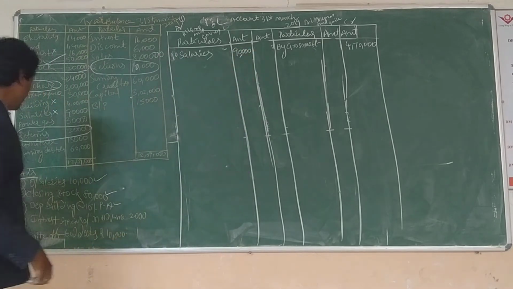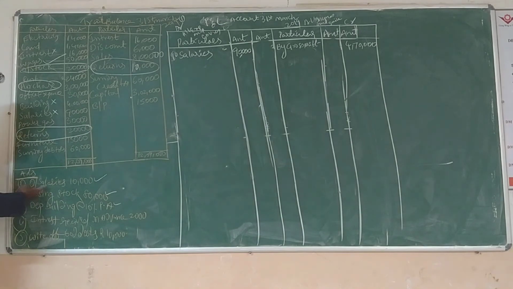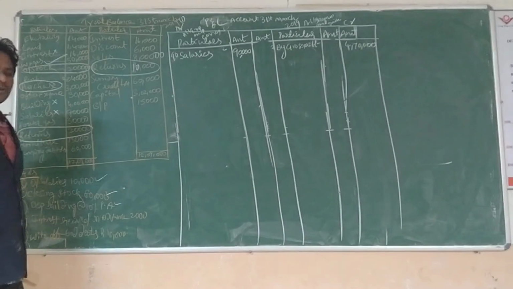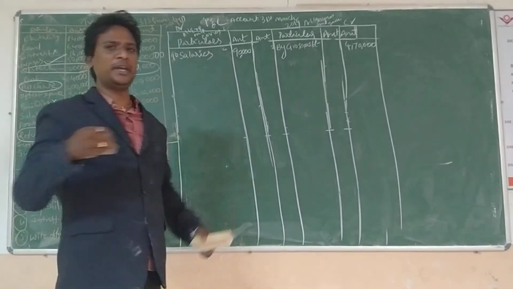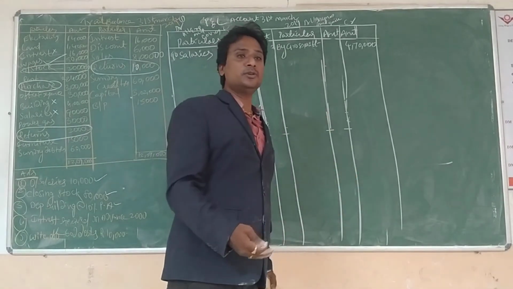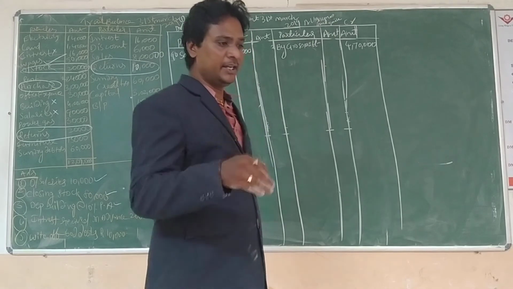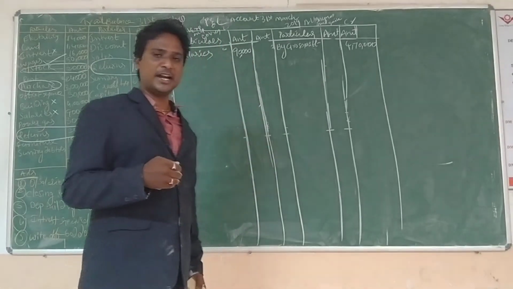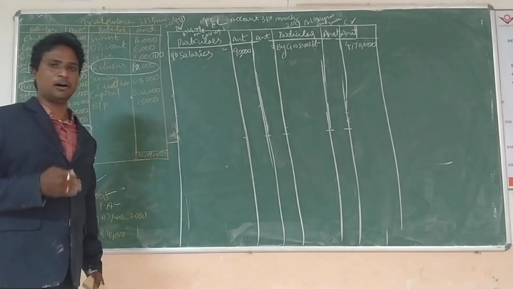Now here in adjustment we have outstanding salary 10,000. Outstanding means we have not paid the amount. This amount will be paid in future. So that's why we call it outstanding salary. Now this outstanding salary, are we adding or subtracting?